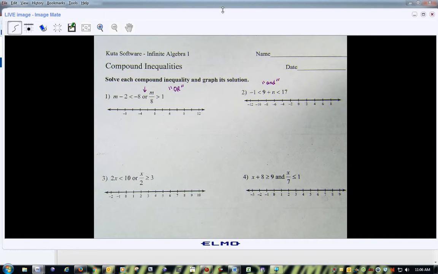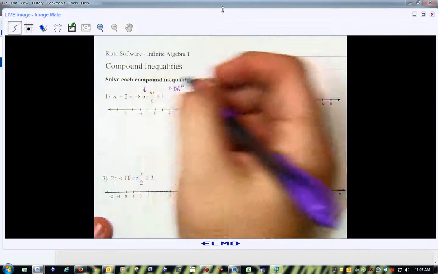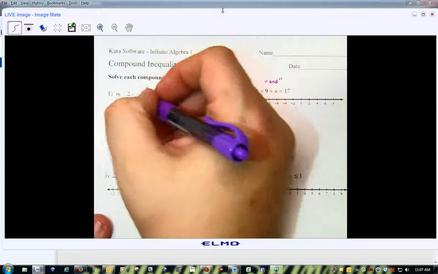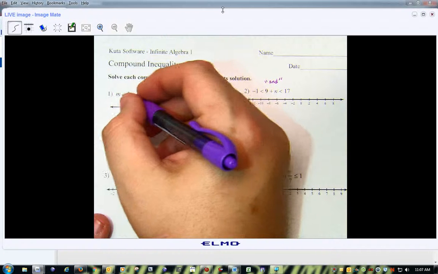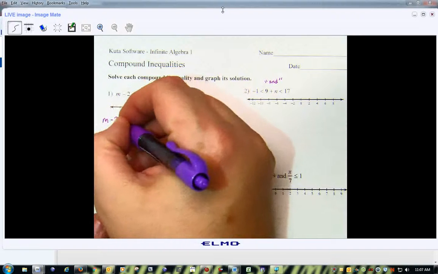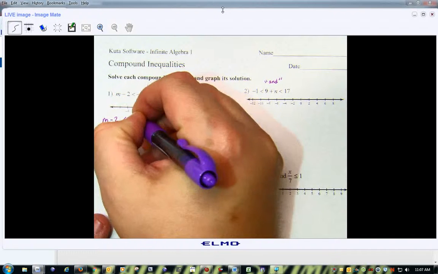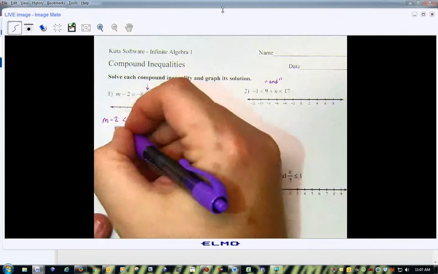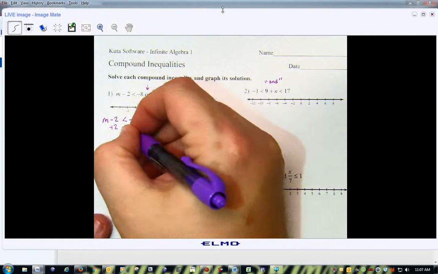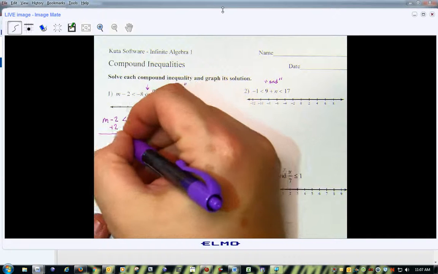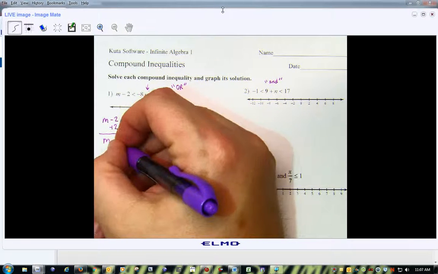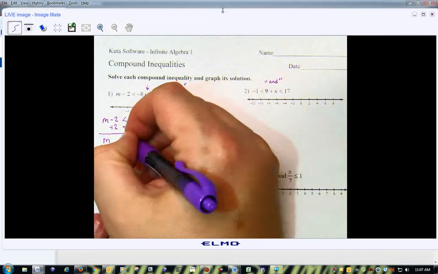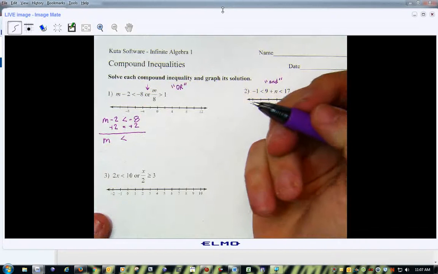Now, for an or inequality, there's 2 parts to it. The first part, m minus 2, is less than negative 8. All right. Add 2 to both sides. You'll get m is less than what? Negative 6.